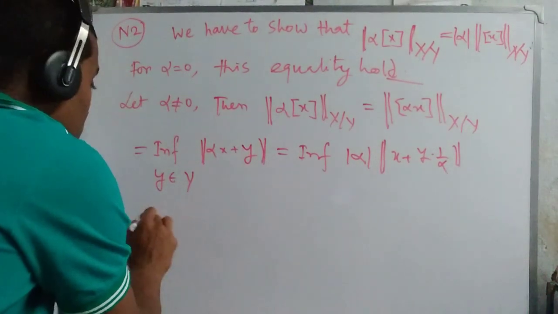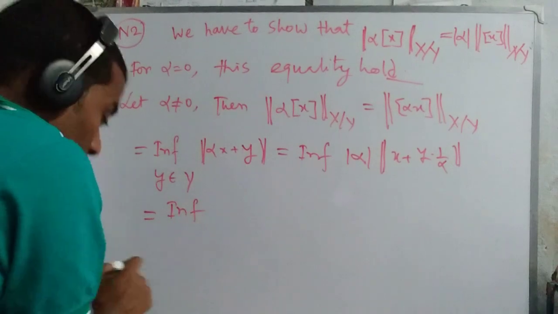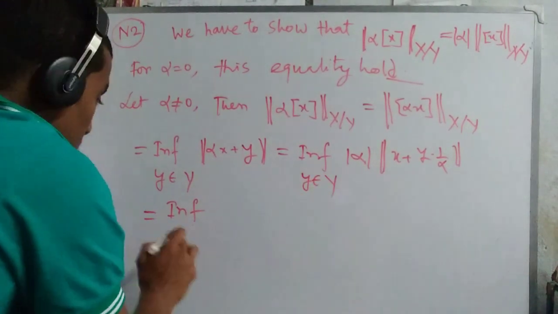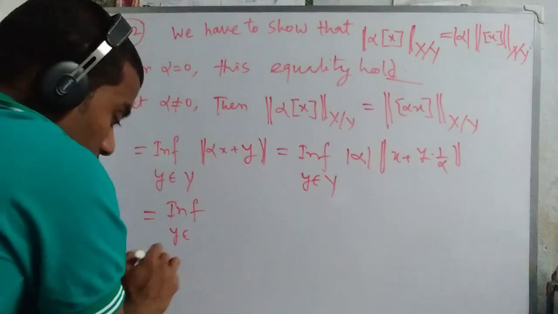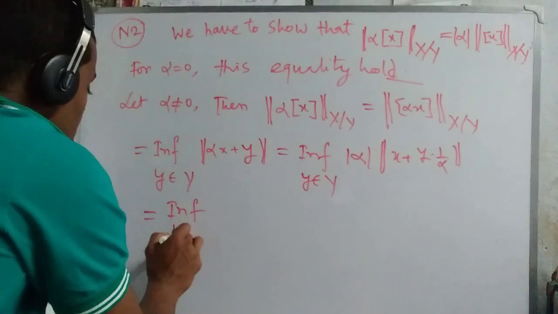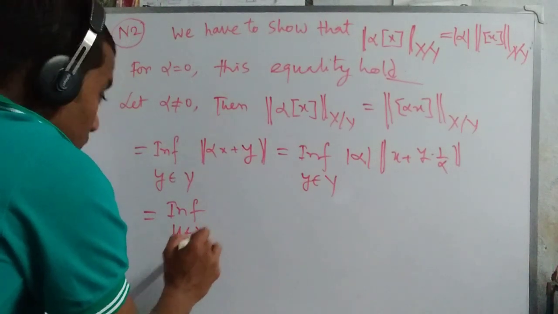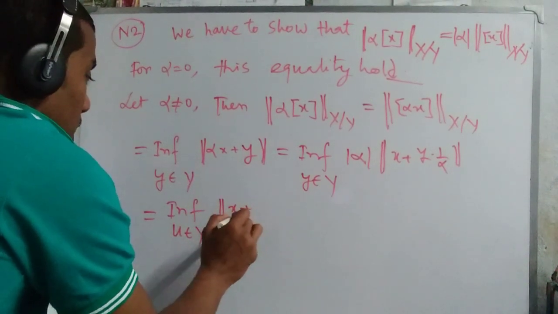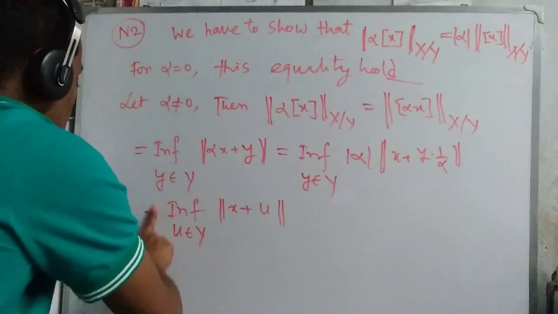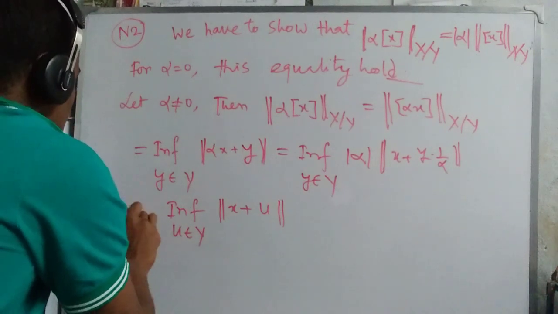We write it now in this way infimum of, here y belongs to y, then we not write here, we write u belongs to y norm of x plus u. Here alpha is in outside.